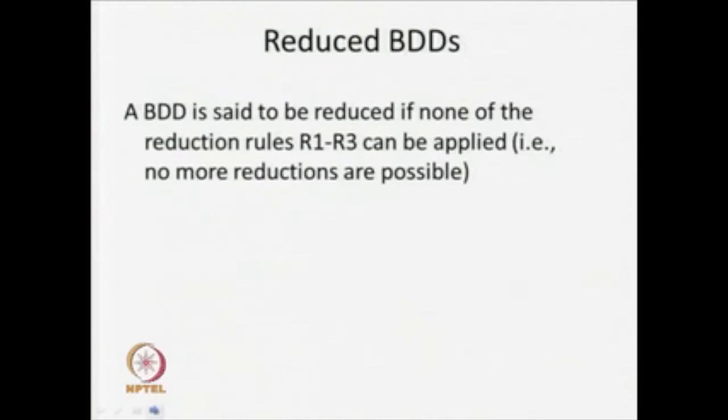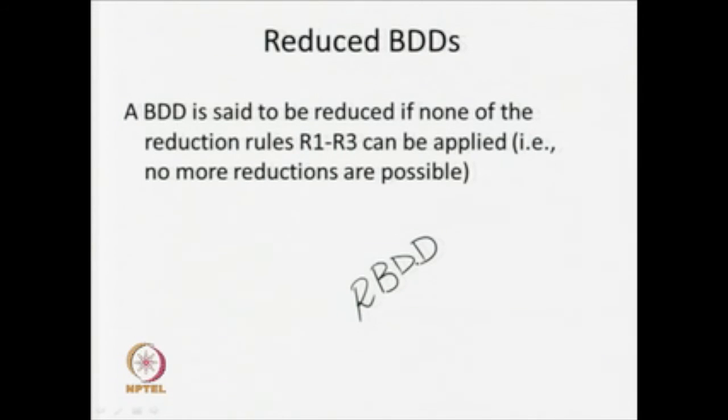By looking at these things, we now have the notion of a reduced BDD, reduced binary decision diagram, which is written as RBDD. When we say that a binary decision diagram is a reduced one, it means that none of the reduction rules R1, R2, R3 can be applied.